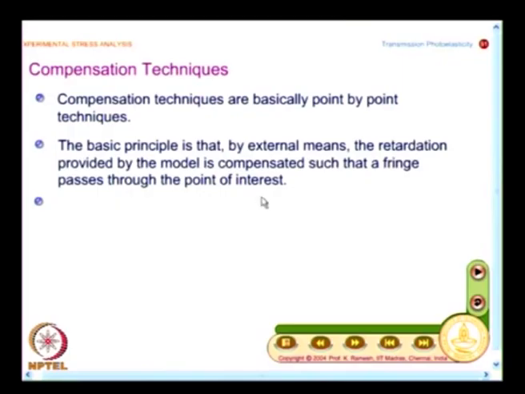And the moment I bring in compensation, see, I also made a statement that in photoelasticity you get only positive fringe orders. This refers to total fringe order, sigma 1 minus sigma 2 equal to n f sigma by t or n f sigma by h. Because sigma 1 minus sigma 2 is always positive, n is always positive. But when I do compensation, the compensation can be positive or negative. You should not confuse these two, because the retardation may be greater than 2 pi, I may slightly reduce it and bring it to 2 pi.